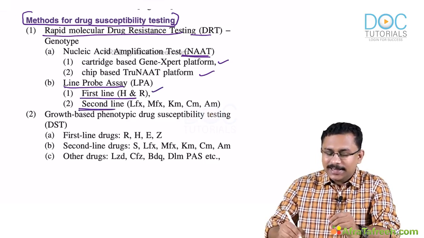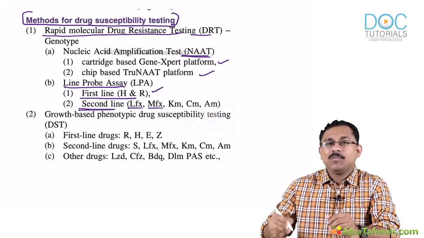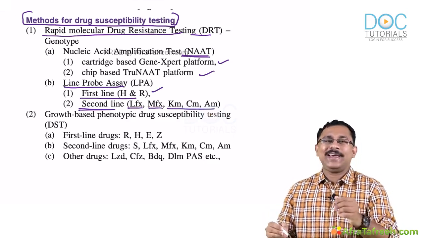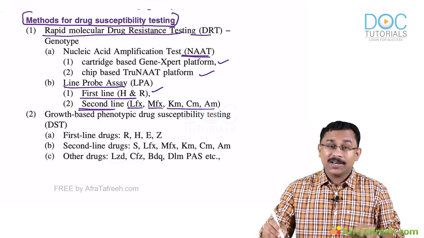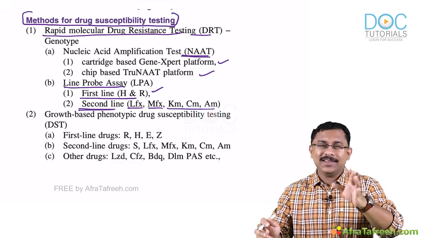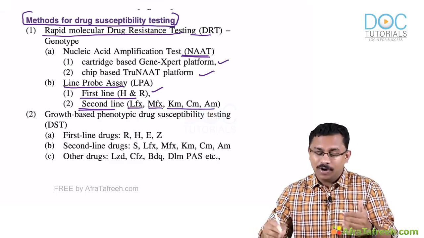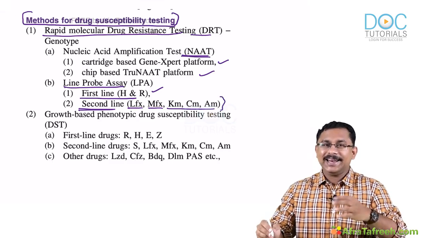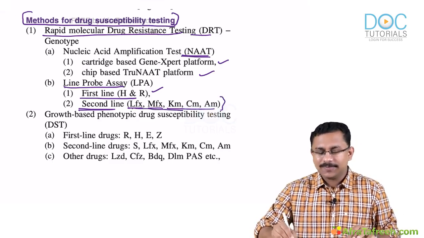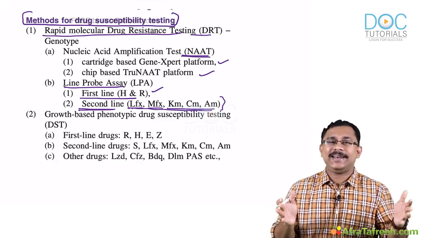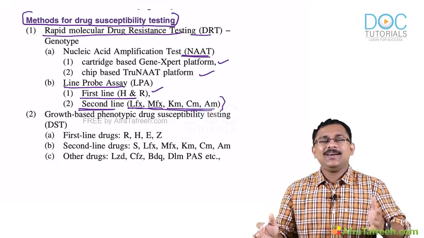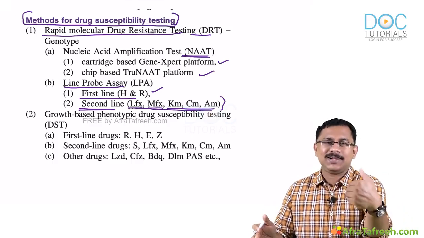The second line probe assay can detect resistance to levofloxacin, moxifloxacin, and the aminoglycosides kanamycin, capreomycin, amikacin. But remember, not all second line agent resistance can be determined by the second line probe assays, only these. So for certain drug resistance, even some first line like pyrazinamide, you will have to rely on other methods.